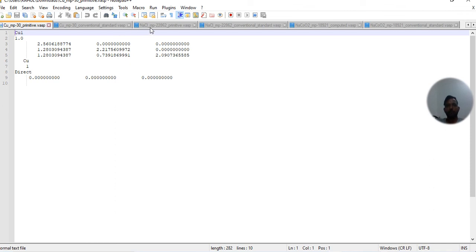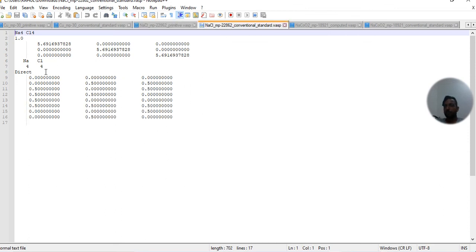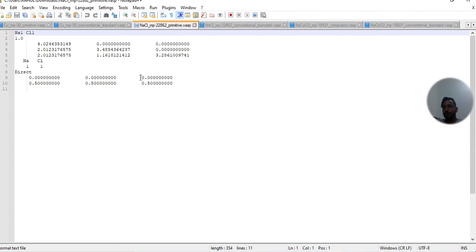Now if you go for NaCl, for the conventional standard it is considering 4:1, so it means it has 4 lattice nodes. These two combined are called a lattice node. If you consider the primitive, then it is 1 lattice node. The number of atoms is 2, but the lattice node is 1.